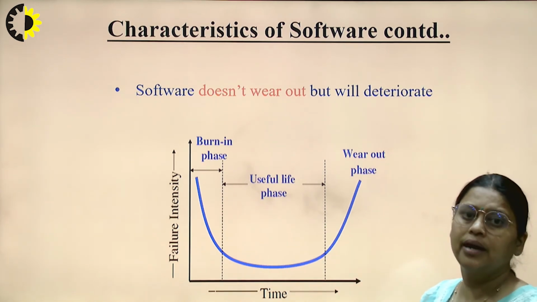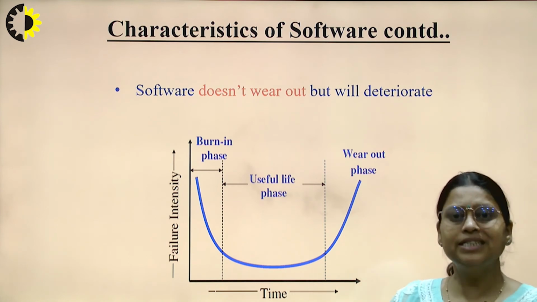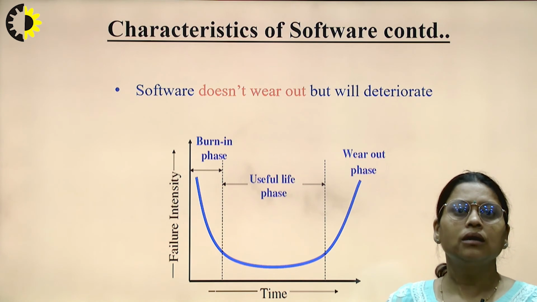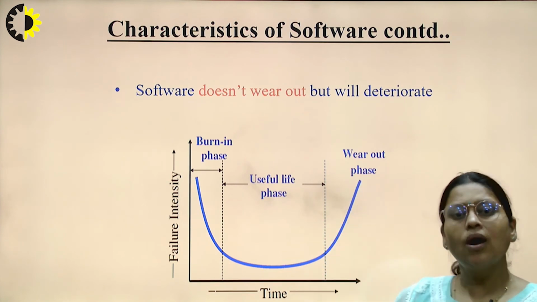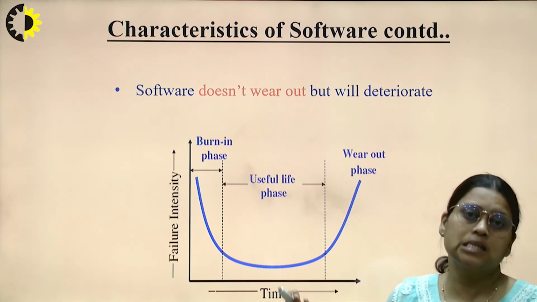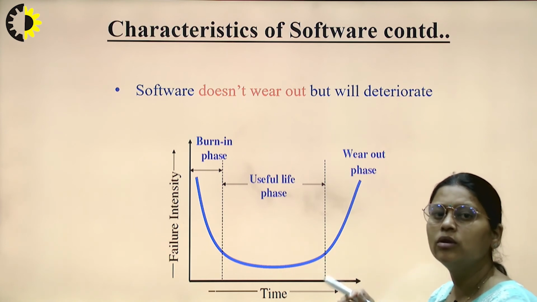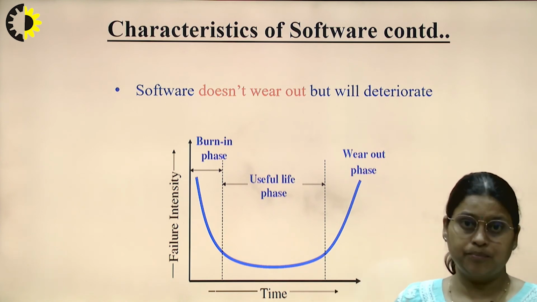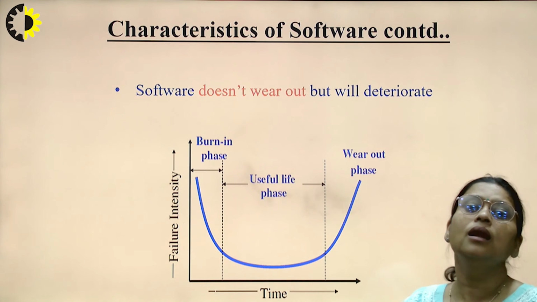But after some years, when the technology changes, it will go into the deterioration phase, where the performance or quality of the software may decrease. We say that it does not wear out, because we can use this software anytime. It is not like hardware, which is a physical entity.